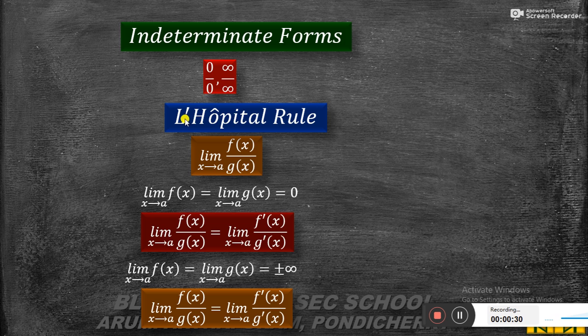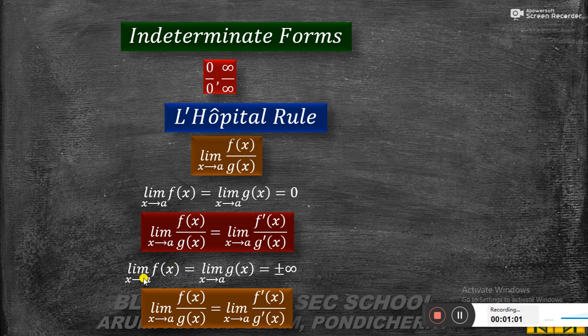So next, L'Hopital rule. L'Hopital rule means limit x tends to a of f of x by g of x. This is the L'Hopital rule. So if limit x tends to a of f of x equals limit x tends to a of g of x equals 0, then limit x tends to a of f of x by g of x equals limit x tends to a of f dash of x by g dash of x.